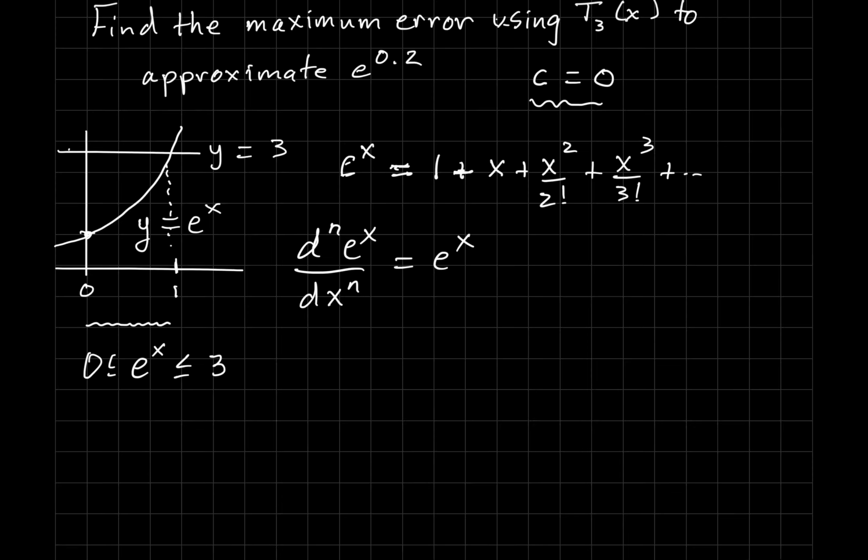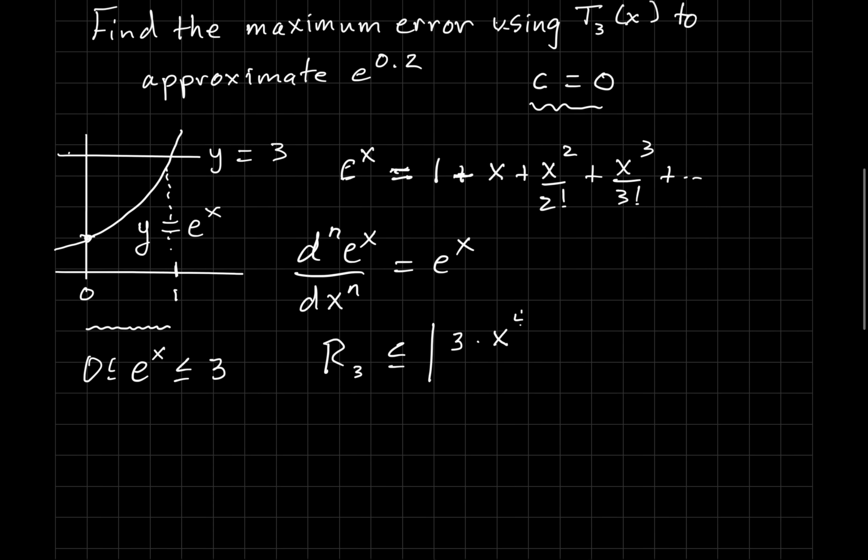I could be more precise, but for me that's good enough. Which means that the remainder using the third degree Taylor approximation is no more than 3, the max of any derivative of e to the x, times my first left off power, so x minus 0 to the fourth over 4 factorial.